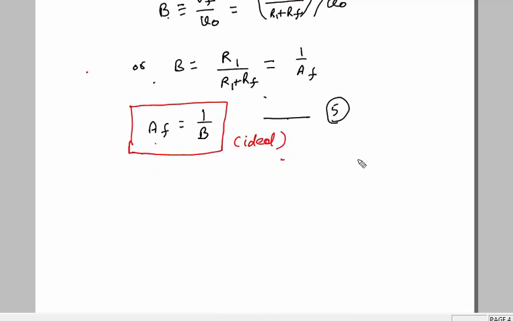Now let us rewrite equation number 3 again.